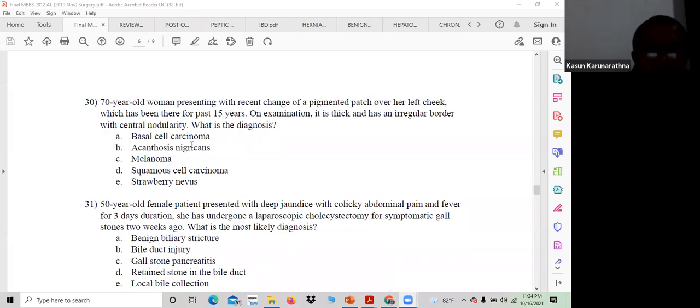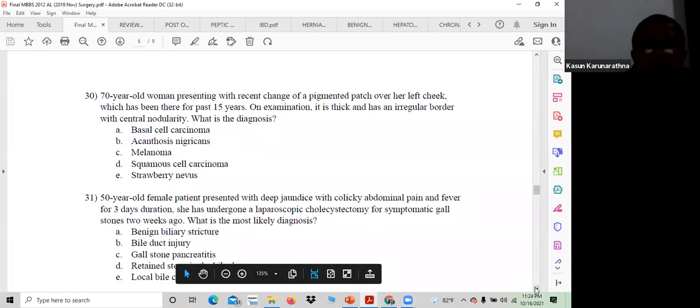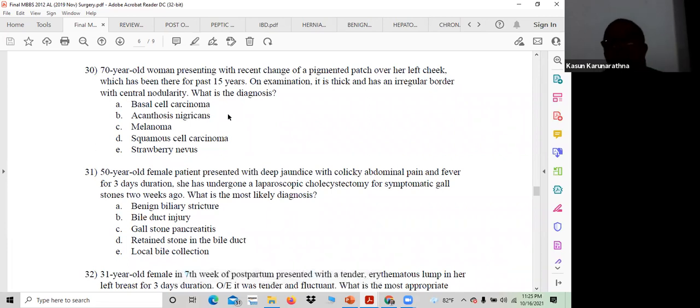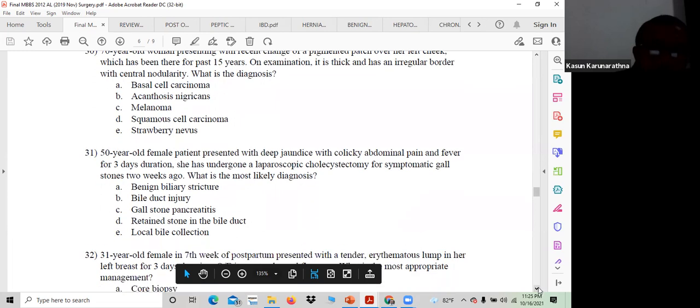Probably they have something missing in the question, right? There should be clear clinical evidence to decide, no? So there should be something missing in the question. Given the scenario, basal cell carcinoma and melanoma both are possible. Anyway, you read about melanoma and basal cell carcinoma, get the knowledge. In the exam, they'll give clearer stems, right? Yeah, they have collected from the paper. I think some parts are missing.